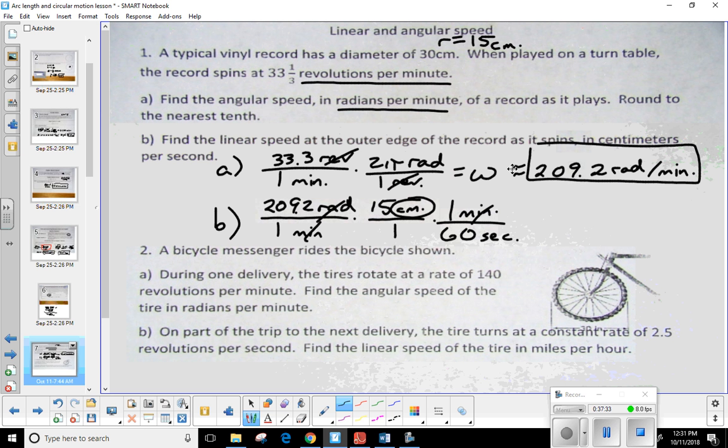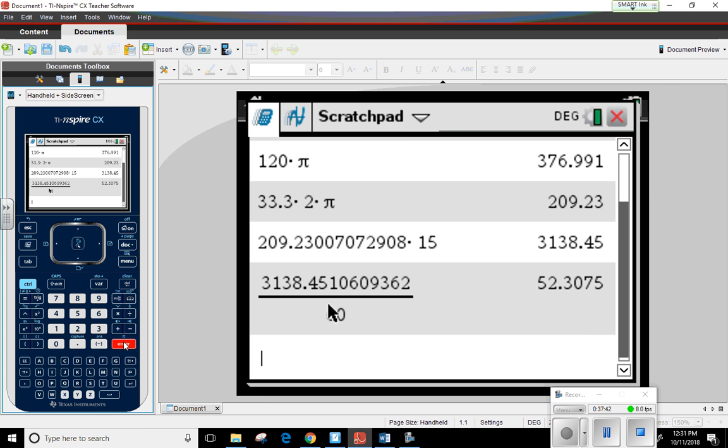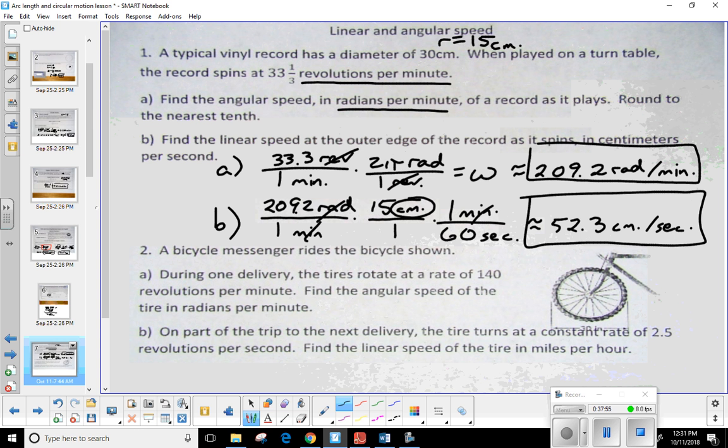So 209.23 times 15 divided by 60. How many centimeters per second? About 52.3. So it's traveling pretty quick. 52.3 centimeters per second. I guess you could say that's the vinyl answer.